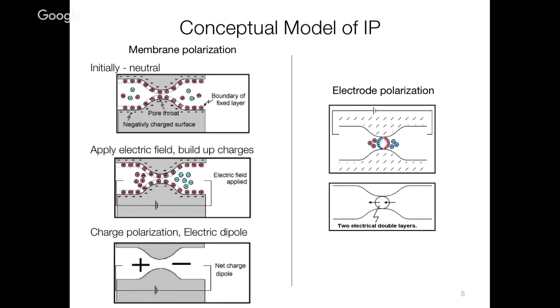And if there's a little bit of a restriction, then there's going to be a buildup of positive charges here and negative charges here. You just can't quite get through that pore. So at the end of the day, we've got a positive charge and a negative charge, so it's like an electric dipole. That's why it's called polarization, electric polarization.